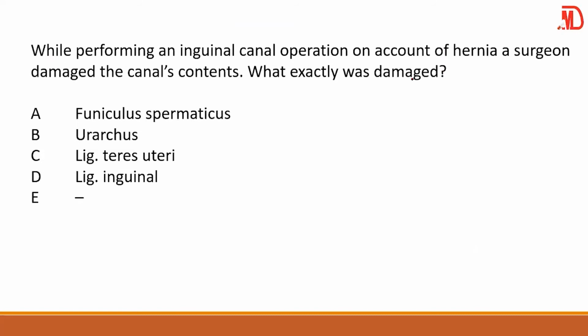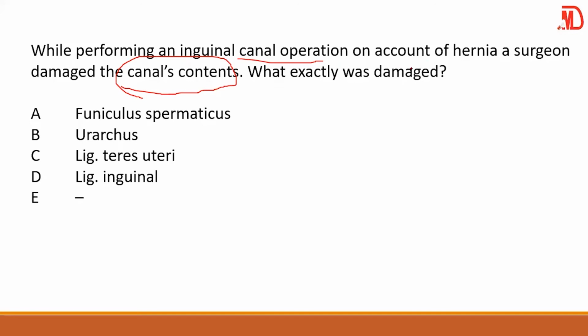While performing an inguinal canal operation, guys, inguinal canal has come again. On account of hernia, a surgeon damaged the canal's content. What exactly was damaged? So inguinal canal, definitely what substance passes through there?